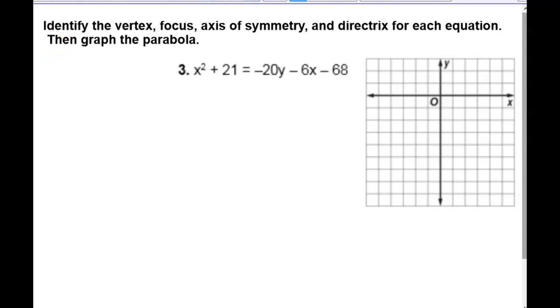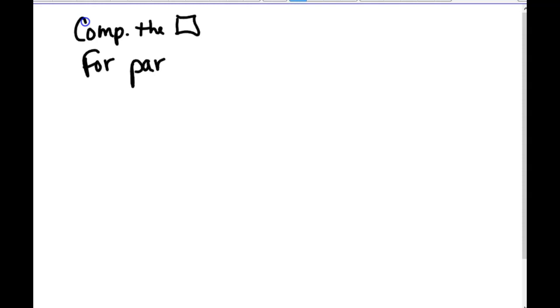I don't think I'm going to fit it on this slide. Let me put in an extra slide. When you complete the square for parabolas, okay? You might want to make a note of this somewhere. You want all the squared terms, you want to put x's and y's on opposite sides.